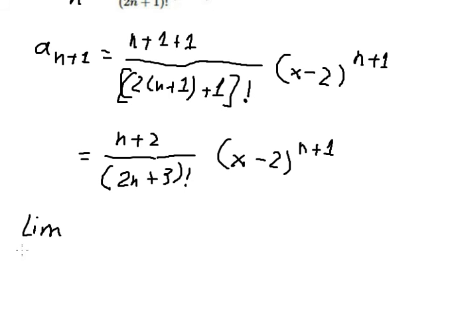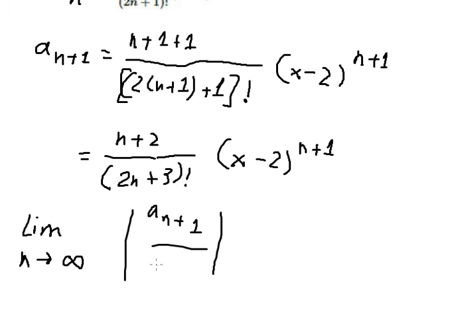Now we have the limit as n approaches positive infinity. So we have the absolute value of a_(n+1) over a_n.